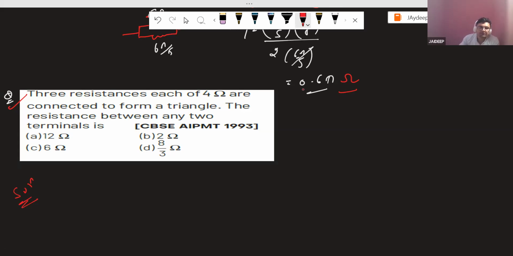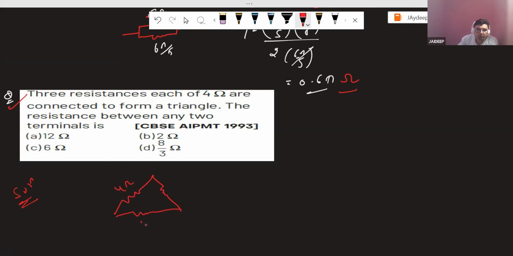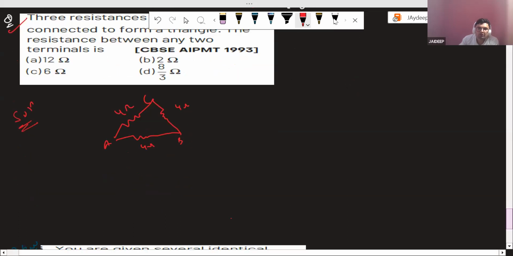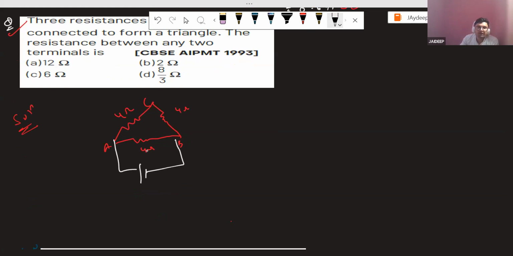Correct. Now let's do 3 resistors each of 4 ohm connected to form a triangle. 4 ohm, 4 ohm, 4 ohm. That would be A, B, and C. Now we have to calculate the resistance between any two terminals.